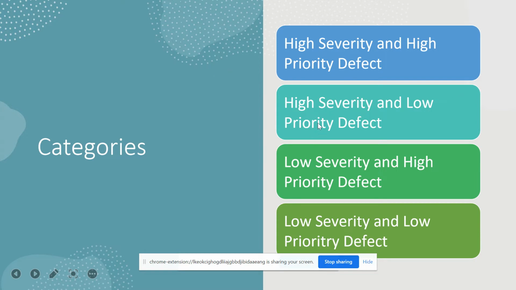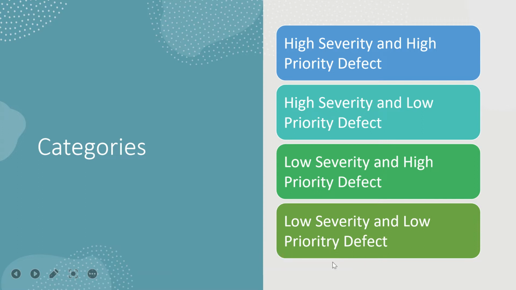Next is high severity and low priority. The severity will be high, but from the business perspective the priority would be low. Next is low severity and high priority. The severity would be low, but from a business perspective the priority would be high. And the last one is low severity and low priority. Both from the functional perspective and the business perspective, both are low. So that is called low severity and low priority defects.